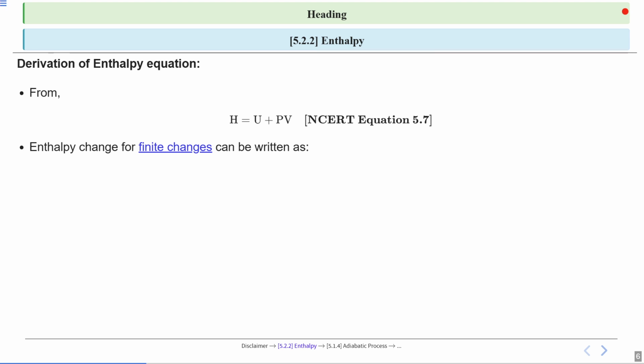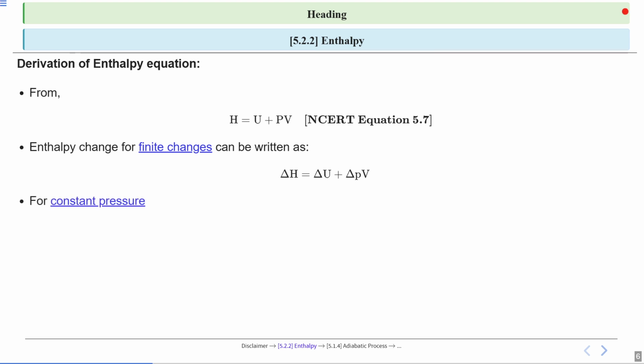We use two things. First is small d, and that is used for small amount of change, or you can say infinitesimal change. Okay. And for finite change, what do we use? We use the term delta. So if you just take the change here, it can be written as delta H is equals to delta U plus delta PV.